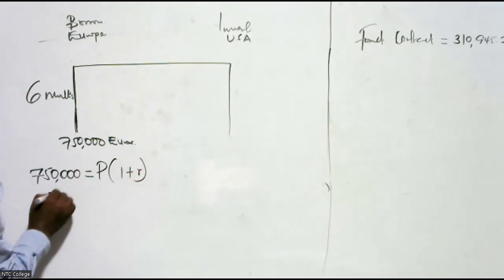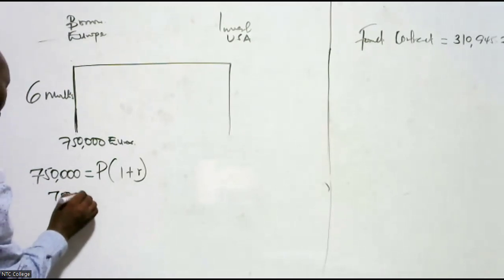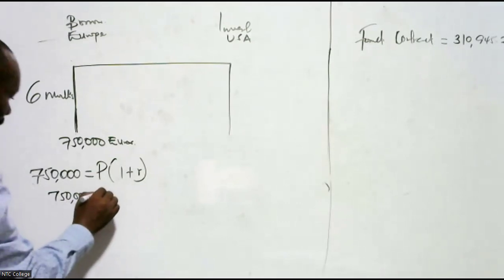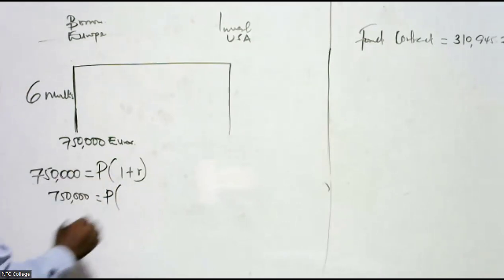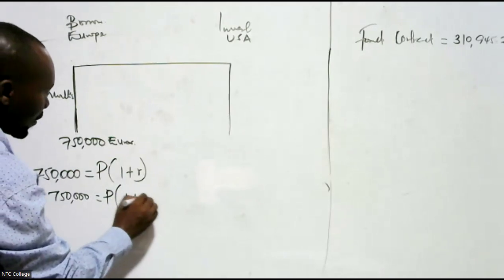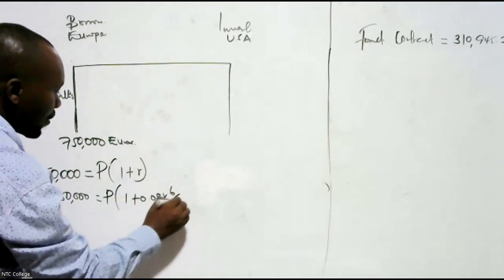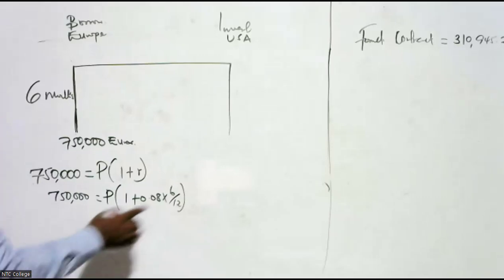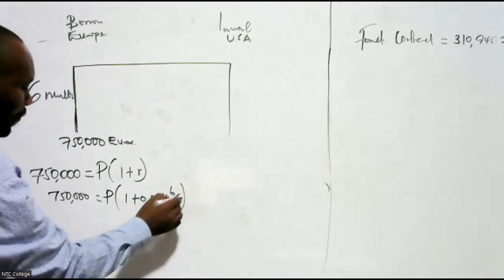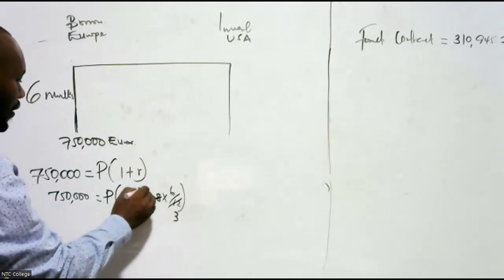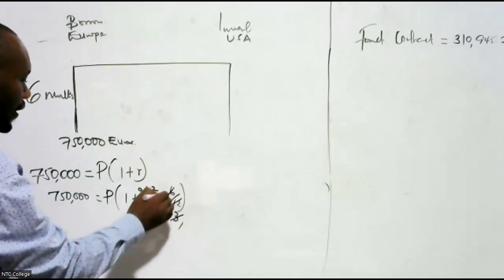How much is this? 750 is equal to the principal, which is what we don't know. The rate we know is 8%, so it is 0.08, and the time is 6 months, so 6 over 12. If you calculate, 4 goes here 0.02, then 3 here 1, 3 here 2.